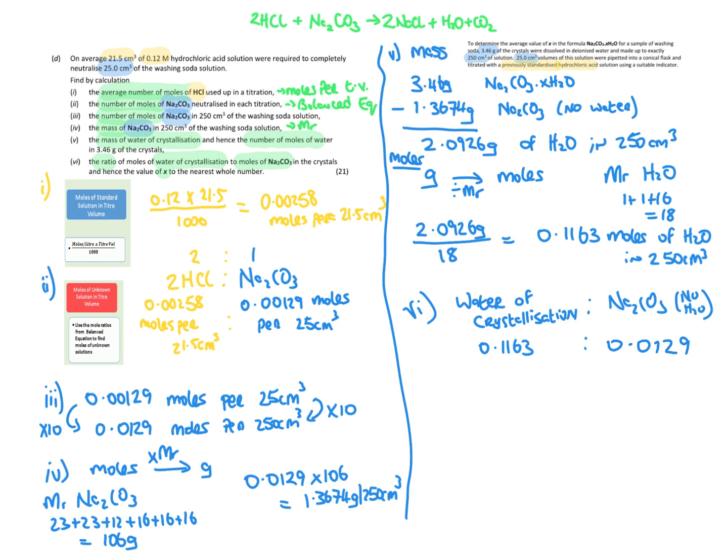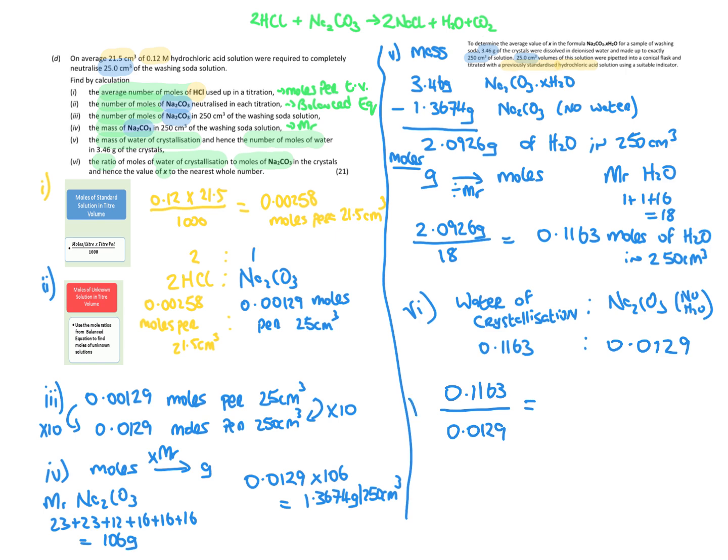So using this ratio, we can actually divide them, because ratio means divide. So I can take my 0.1163, which is the number of moles of water of crystallization, in 250 centimeters cubed, and divide that by 0.0129, which is the number of moles of anhydrous sodium carbonate present in 250 centimeters cubed.